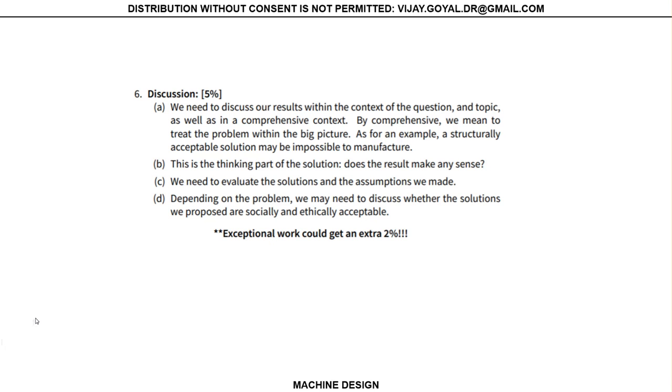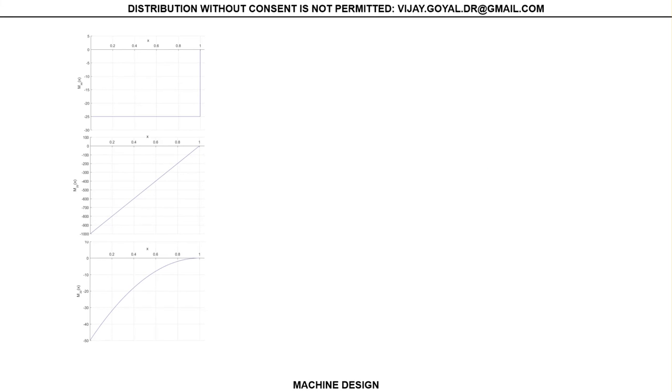For number 6, you want to discuss the answers you have. The whole purpose of this is basically to find a critical location. We know that this is moment driven, right? The problem is moment driven. There are rarely axial loads or shear driven. So your critical location will be the location where your moments are maximum.